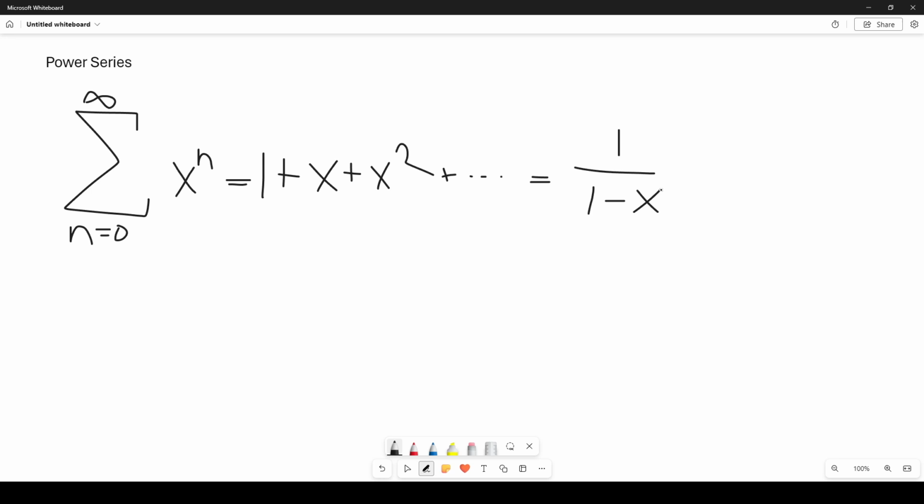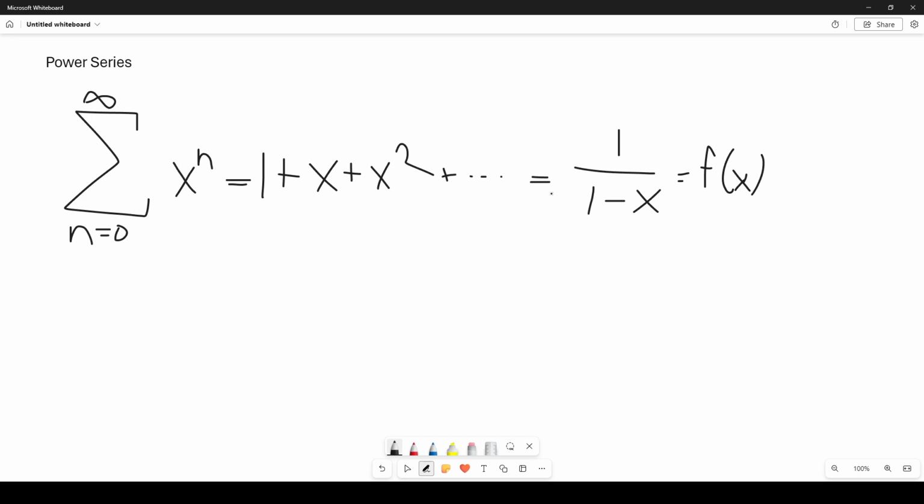So, kind of an interesting observation is that instead of thinking about x as some ratio or r, we can think of x as kind of like a variable in a function. And if we think of the function 1 over 1 minus x, let's say this is equal to f of x, well, these two functions are the same.